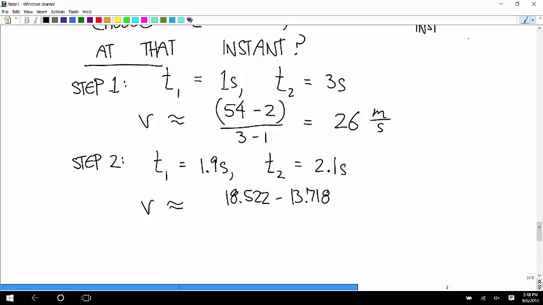Okay. And then you have to divide, yeah. And so you divide by 2.1 minus 1.9. And can you divide that one for me too? 0.2. 24.02 meters per second.